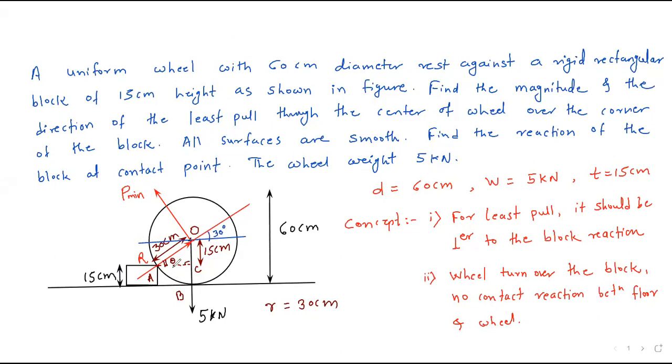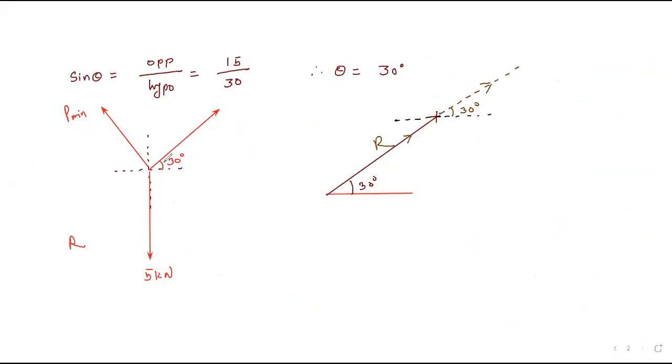That is what I am saying. If this angle is theta, this is also theta. Okay, because here you can see this is the horizontal line, perfectly horizontal line, and this is also horizontal line. So this will become transverse. So this angle is 30 degrees.